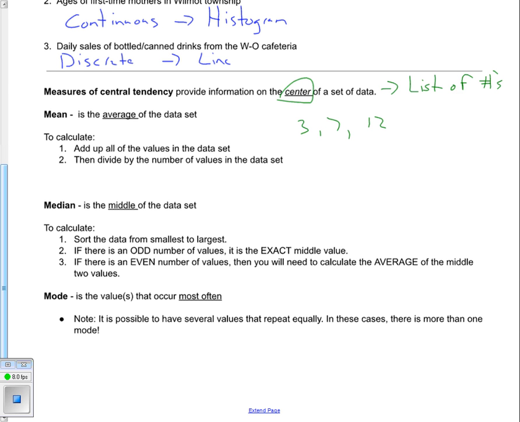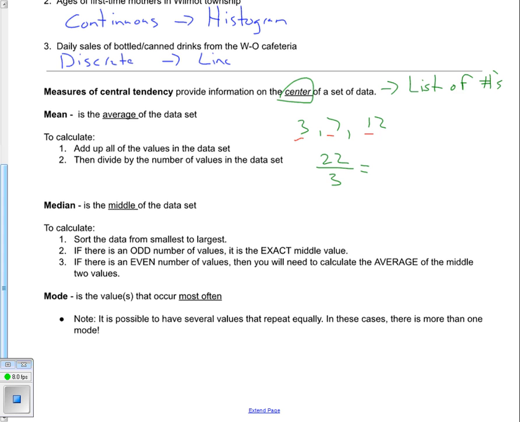Those are the numbers in my data set, and I want to figure out the average number. Well, I need to add them all up. So 3 plus 7 is 10, plus 12 is 22, and then I have to divide by the number of values in that data set. So there's 1, 2, 3 values in that data set, so I'm going to divide that by 3.